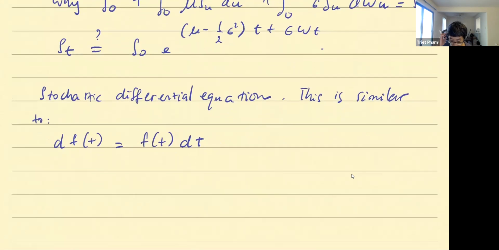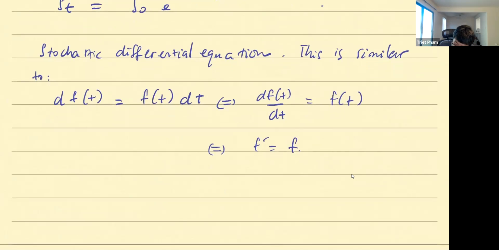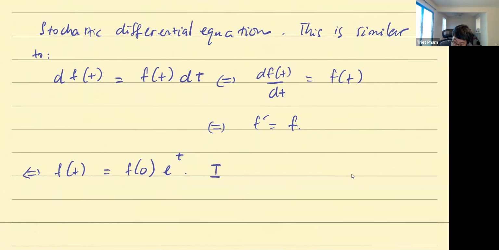Well, what does this mean, by the way? This means, or usually expressed as, f prime equals a f. We all know what this solution is. This solution is f of t is f of 0 e to the a t. Okay. And obviously, so this is the version number 1. This is version number 2.